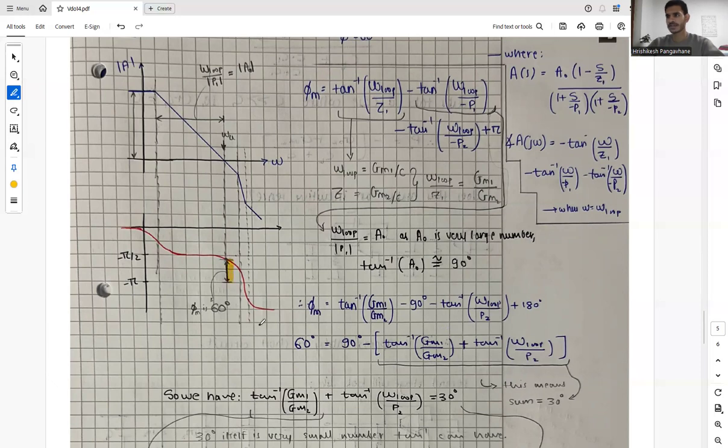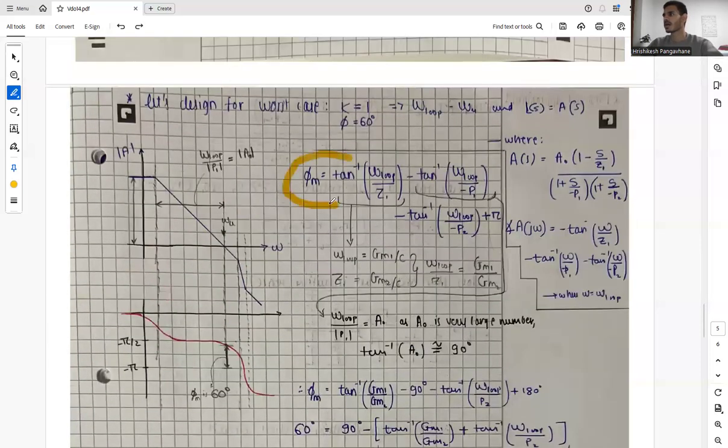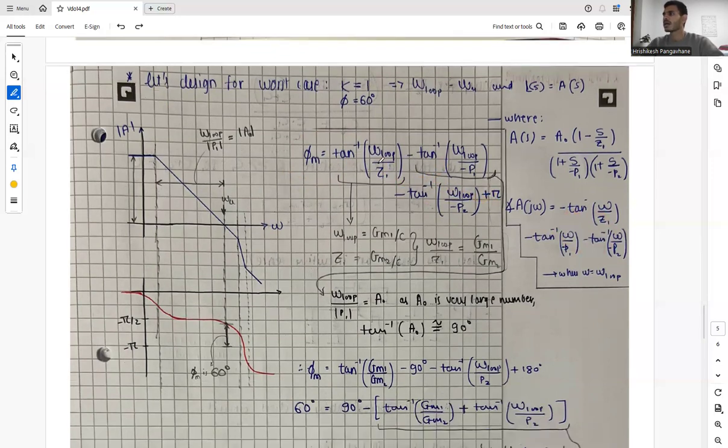We need the phase margin, which is 60 degrees at omega u. So we have the equation for our phase, which is pi plus this value. Now let's take each and every term and decode it.